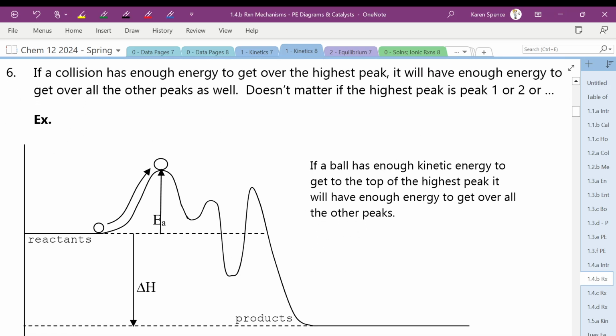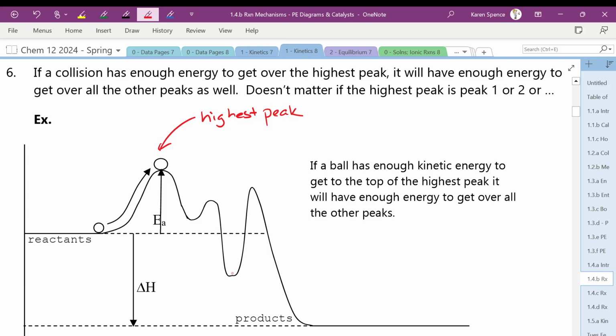So if we look at this, which of these 3 peaks, number 1, 2, or 3, is the highest peak? Number 1 is the highest peak. If a ball, let's say we were bowling, goes over the hill, if a ball has enough energy to make it over the first hill, it will make it over all the other hills.